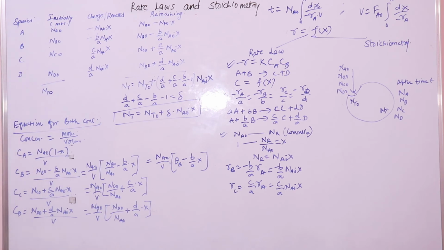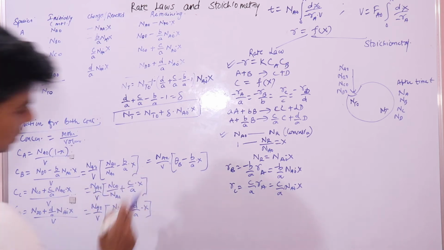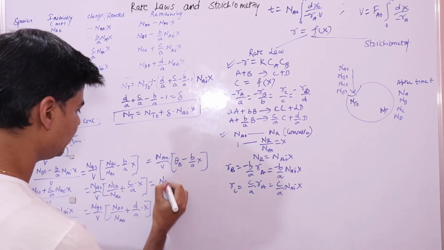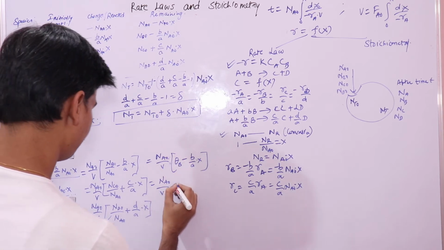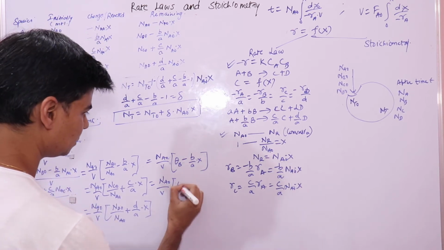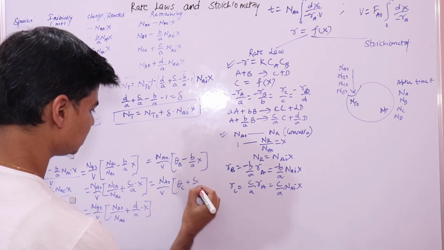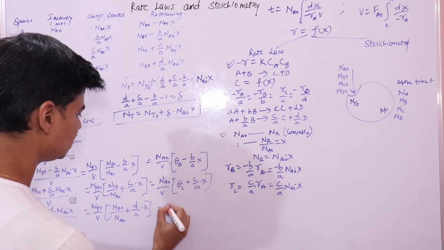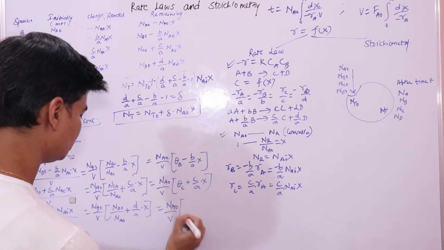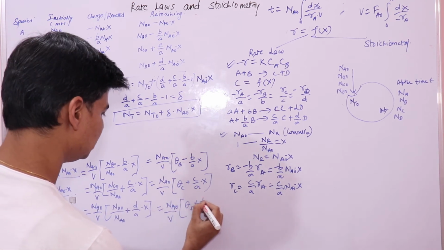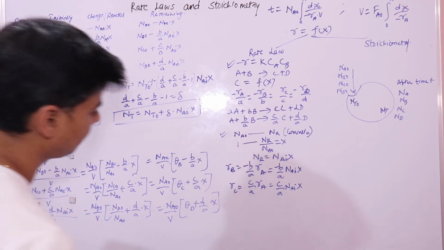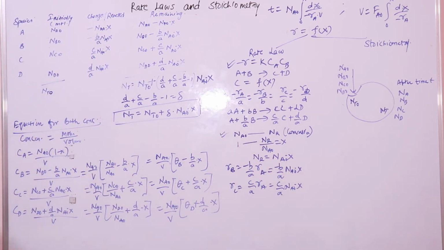This is how we are simplifying this equation. Similarly this one will become Na0 upon V, theta C plus C upon A x, and Na0 upon V, theta D plus D upon A x. We have simplified this equation till this point. I hope this is clear till this point.